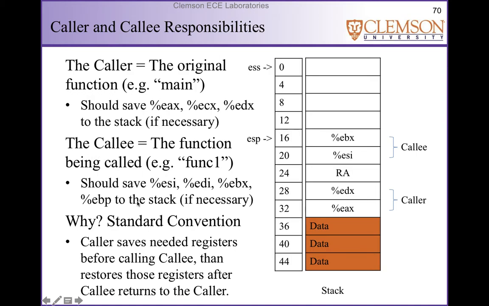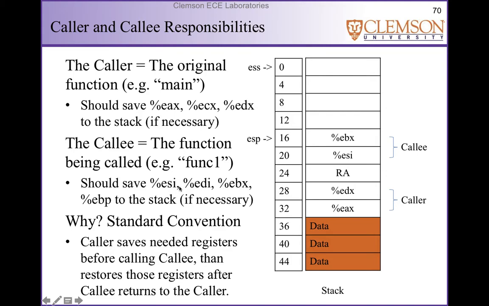Now, for callee responsibility, if you're using ESI, EDI, EBX, and EBP, when it jumps to the function my func, you say push L ESI, push L EDI, push L EBX, and push L EBP. That's what we do. I don't know why we split it into 3 and 4. Maybe it's speed. I can't remember off the top of my head, but I guess organization gets a little bit better.